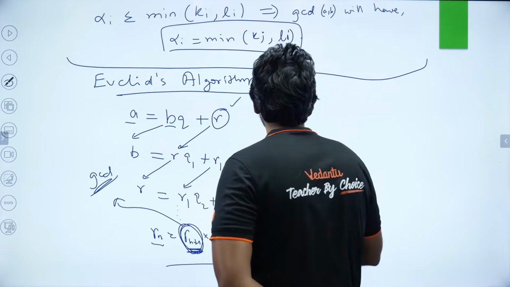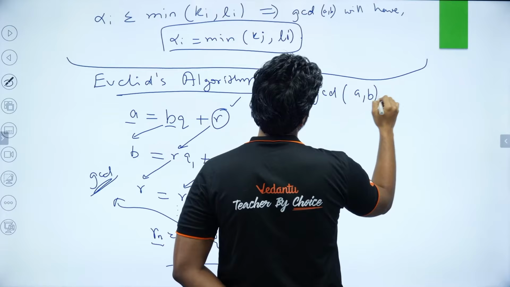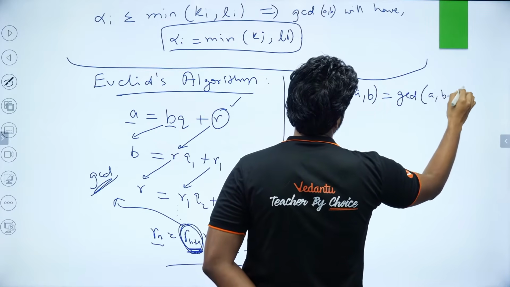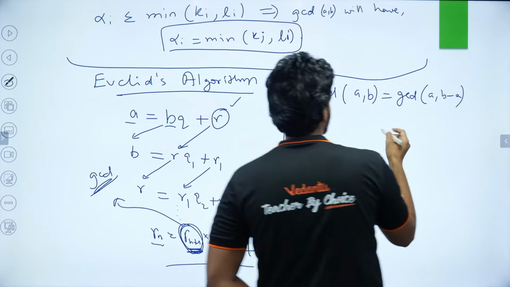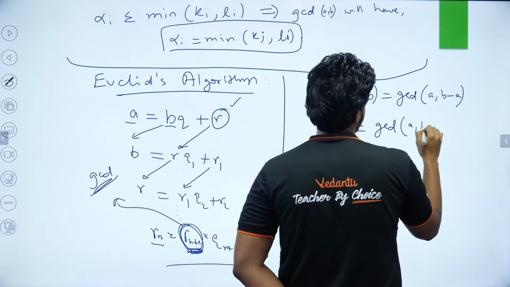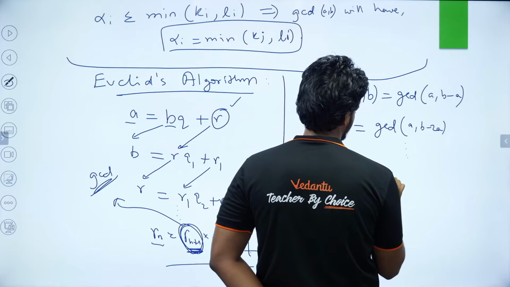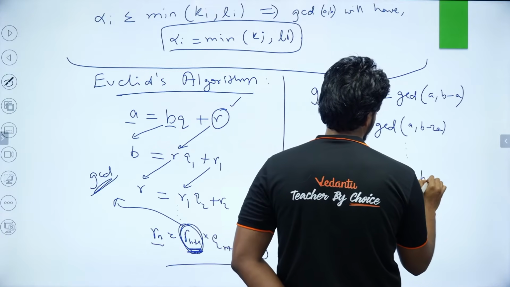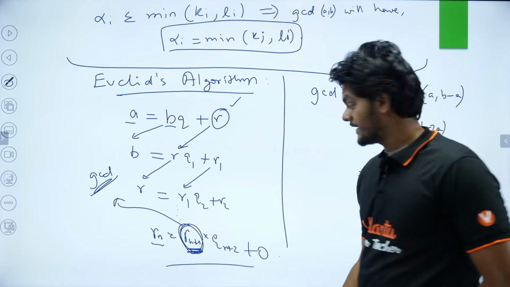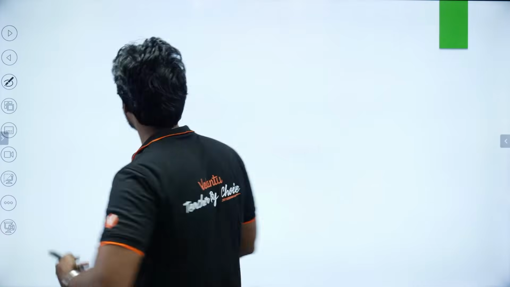It would follow from the fact that GCD of A comma B is equal to GCD of A comma B minus A, or GCD of A comma B minus 2A, and so on till GCD of A comma B minus nA for any n. Now, why is that true? Let's try to investigate into that.